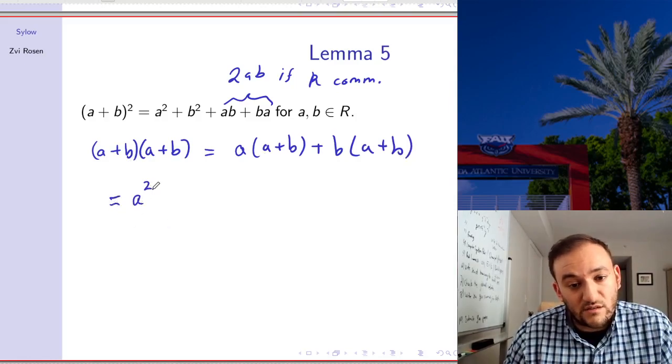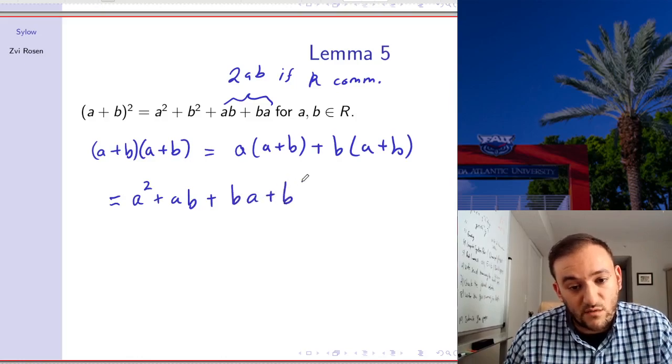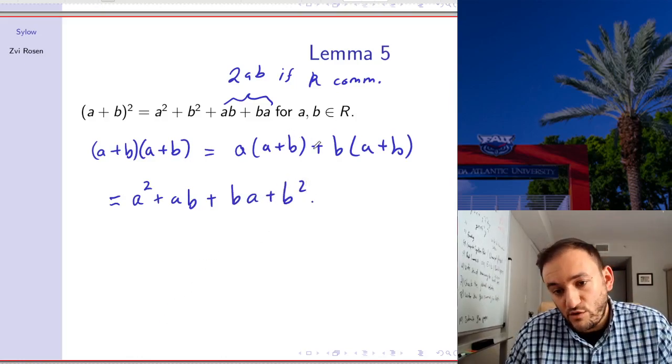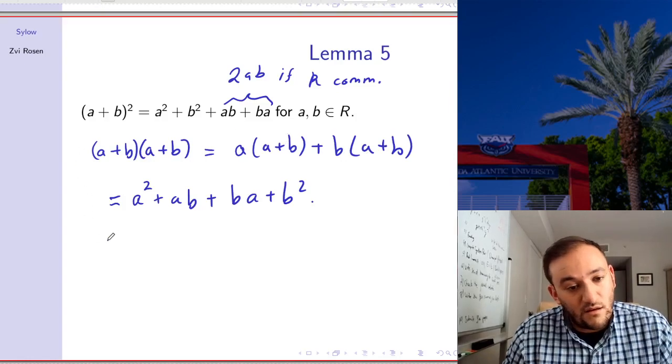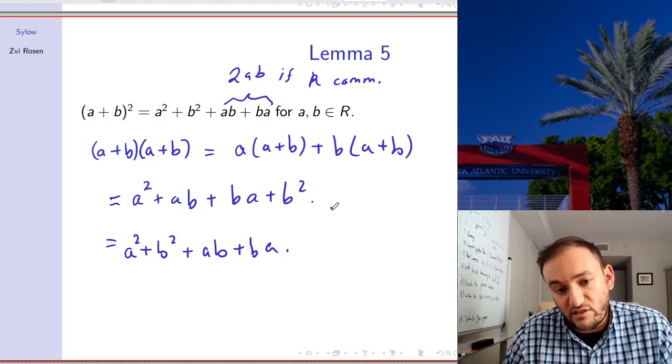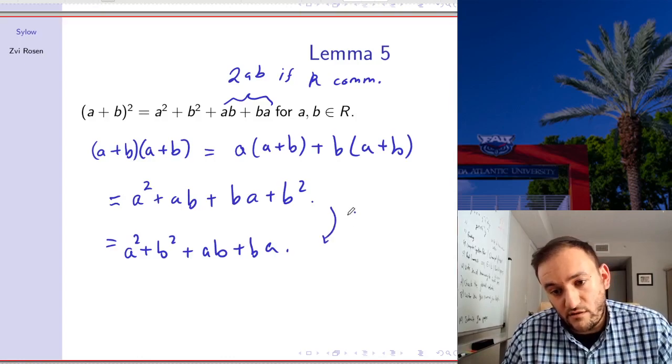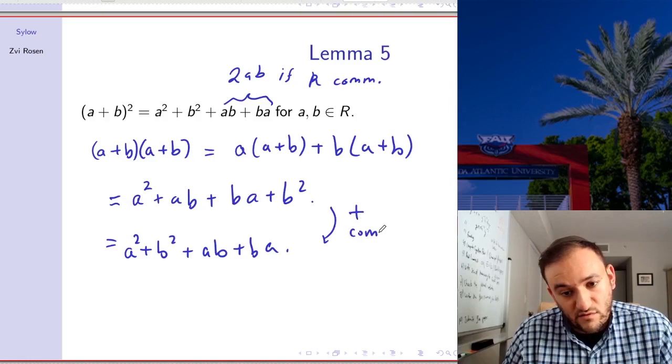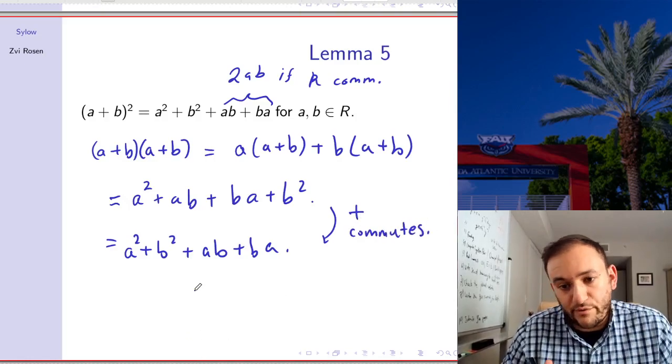Then you get a squared plus ab plus ba plus b squared, just by distributing. And that's equal to a squared plus b squared plus ab plus ba by the commutativity of addition, the fact that plus commutes. Pretty straightforward.